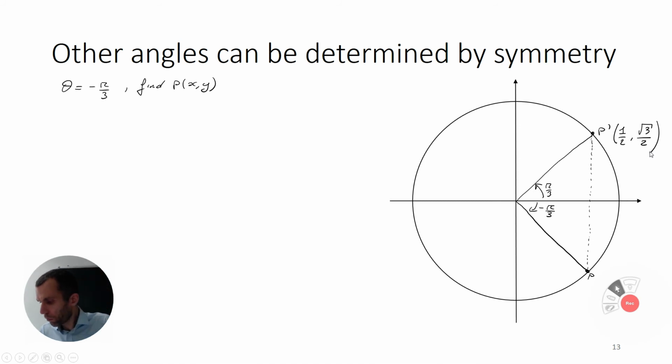And the crucial property to observe here, and this is also a bit clear from the way that I drew it, is that you can get P prime from the point P by reflection across the x-axis. So a little bit hard to show on the video, but if I take my unit circle and I rotate it 180 degrees over the x-axis, then P turns into P prime and vice versa.